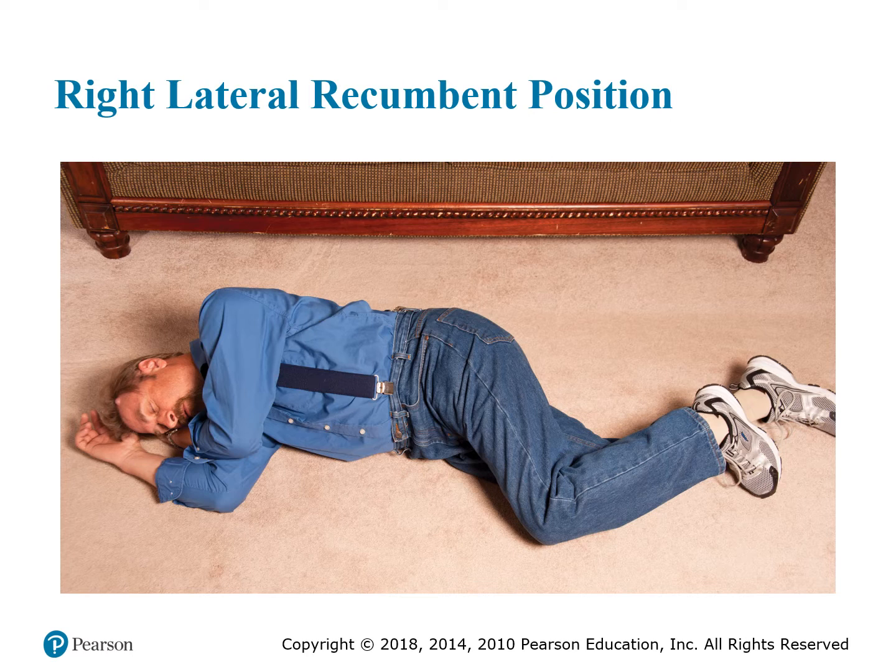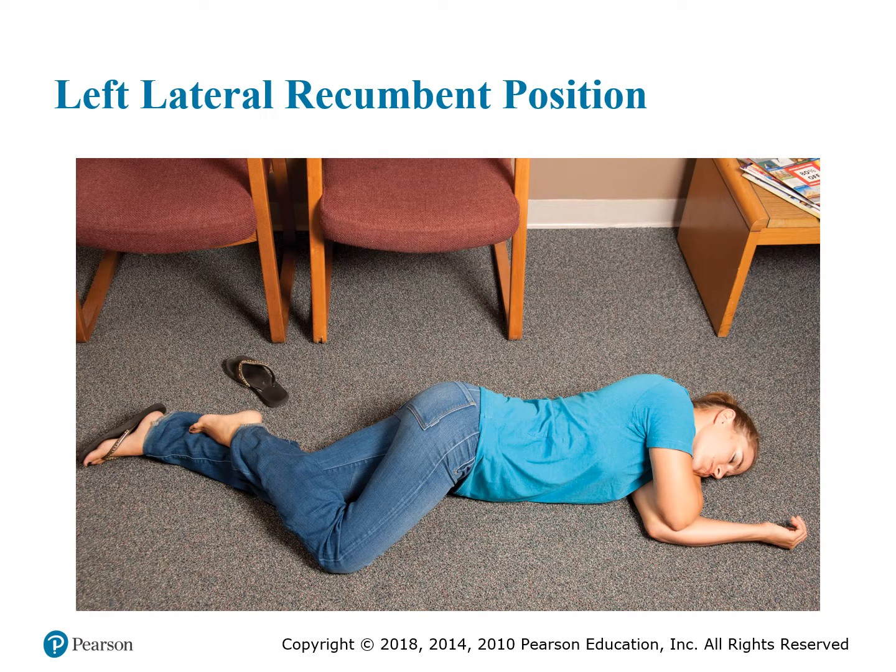Now, right lateral recumbent position. Simply put, the patient is laying on their right side. Secondary to that, we have a left lateral recumbent position. Most times, this is how we'll position a patient to protect their airway when they're having issues with vomiting. We put them in a left lateral recumbent position so that when they throw up, their vomit goes off to the side.